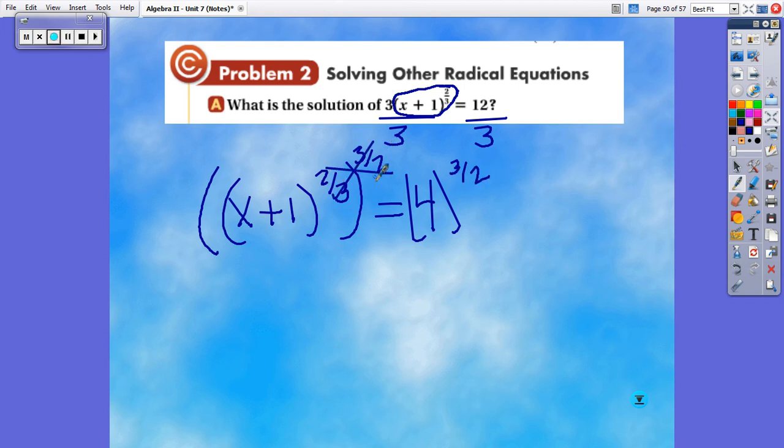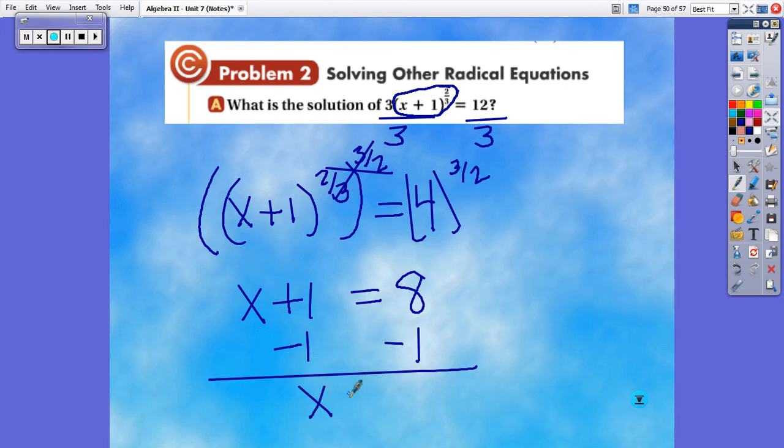The exponents go away here. You're left with x plus 1 is equal to, if you took the square root of 4, which is 2, and raised it to the 3rd power, you would get 8. Subtract 1 from both sides, and get x is equal to 7.